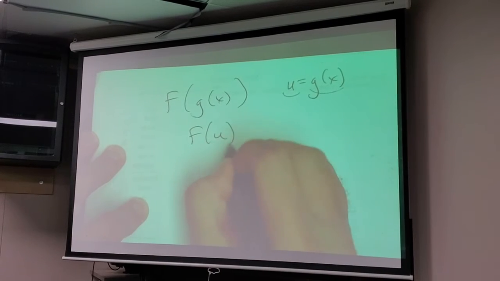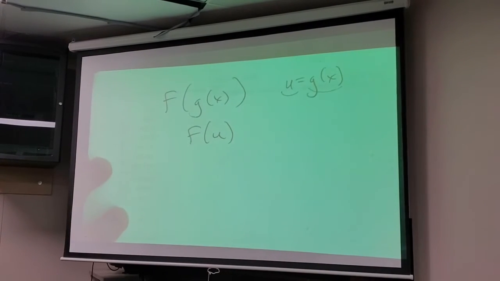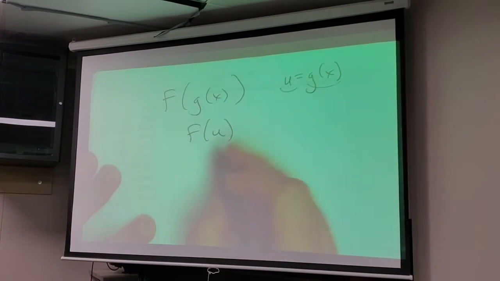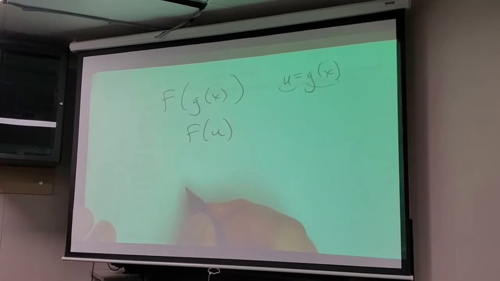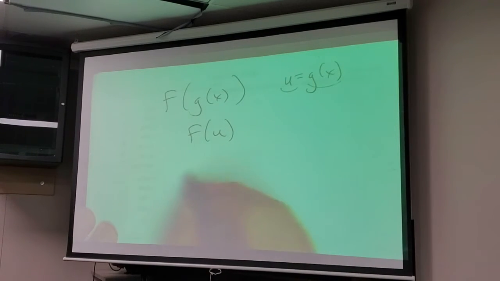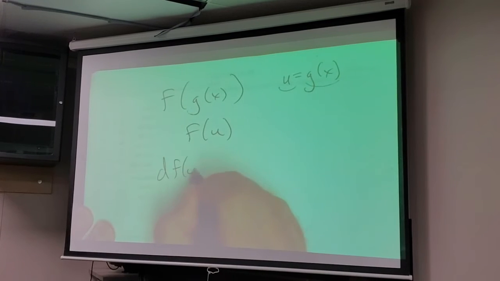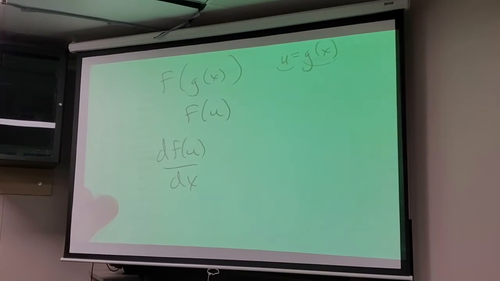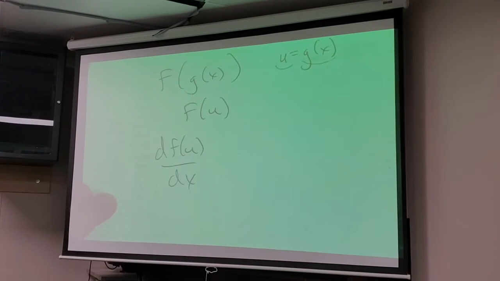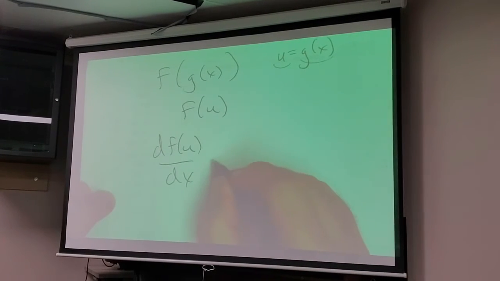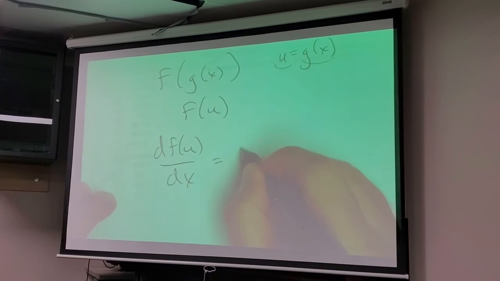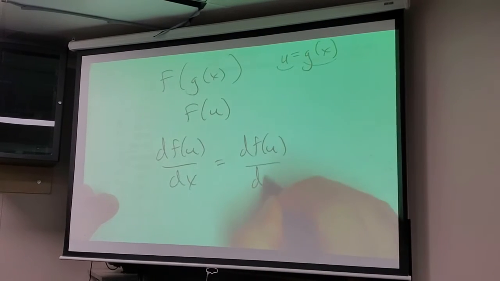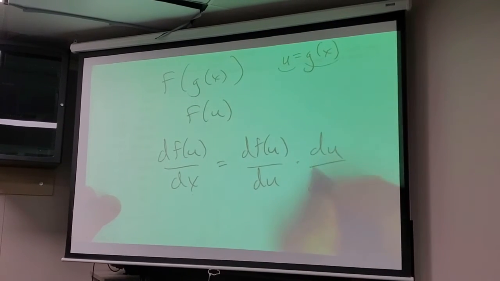This will be f of u. So yes, that's the fu function. If I then need to take this guy's derivative, so I need to do d f(u) dx. So here's one formulation for the chain rule. This is equal to d f(u) du times du dx.